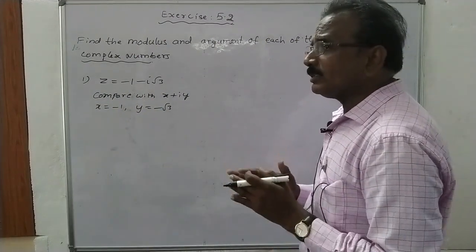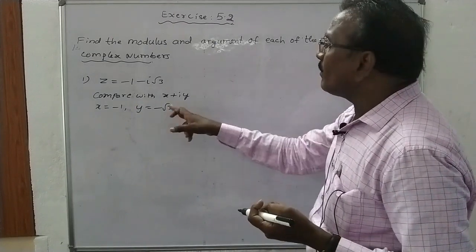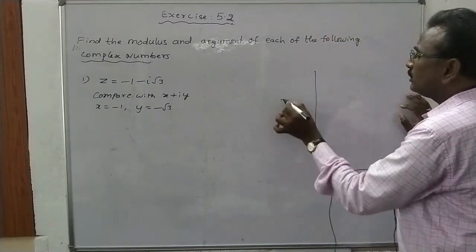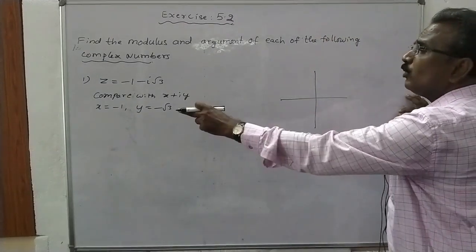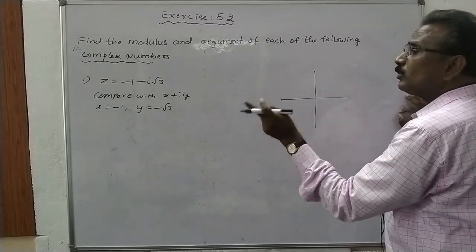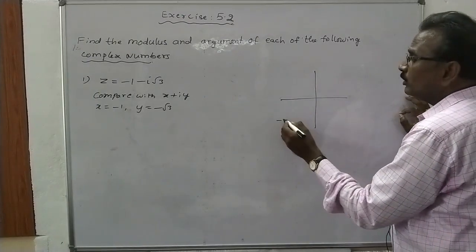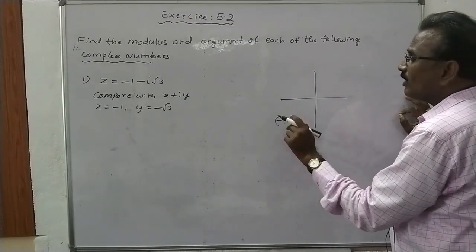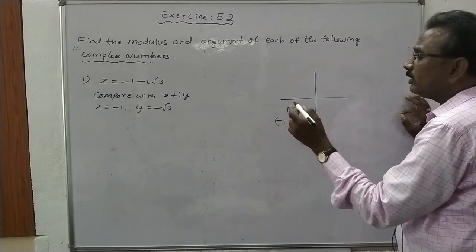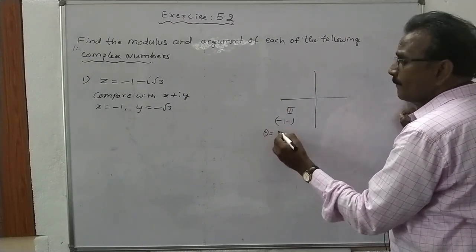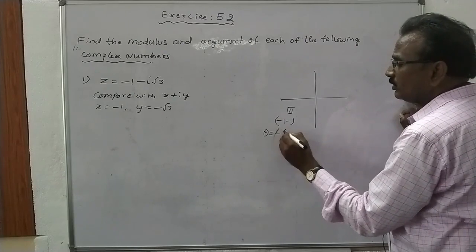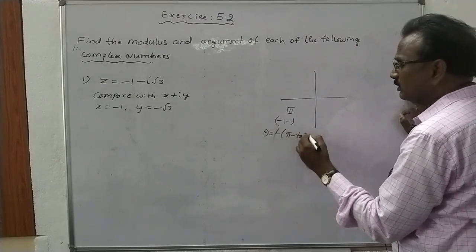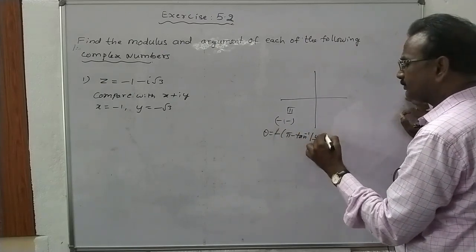So minus minus, in which quadrant? Third quadrant. The complex number lies in the third quadrant. In the third quadrant, theta value is minus of pi minus tan inverse modulus of y by x.